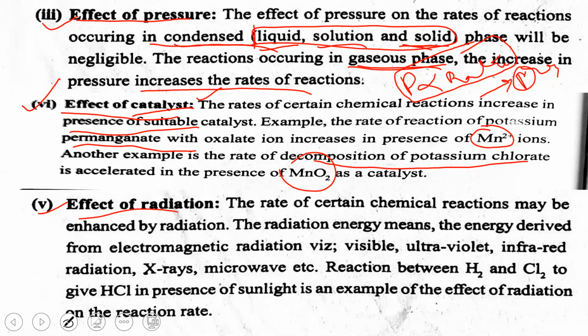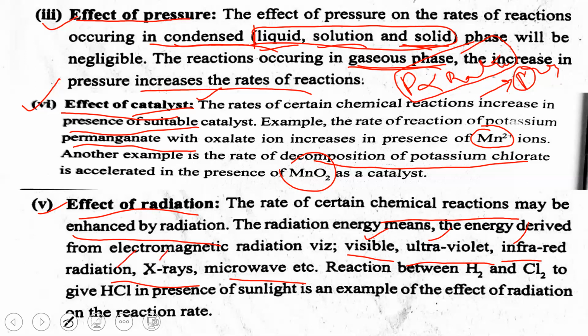The next one is the effect of radiation. The rate of certain chemical reactions may be enhanced by radiation. Radiation energy means the energy derived from electromagnetic radiation. There are different types of radiation, for example visible, ultraviolet, infrared, X-ray, microwave, etc. Depending upon the reaction conditions, we use any one of these radiations.